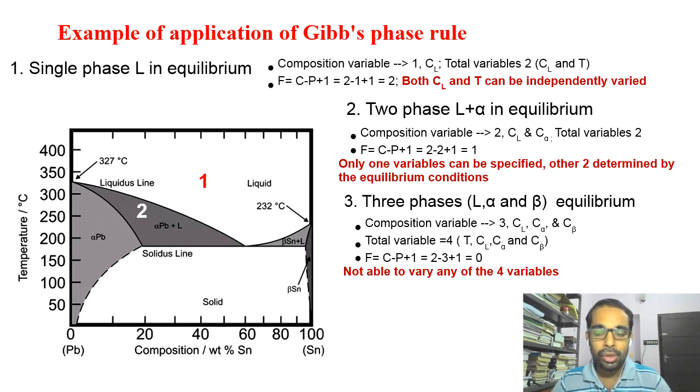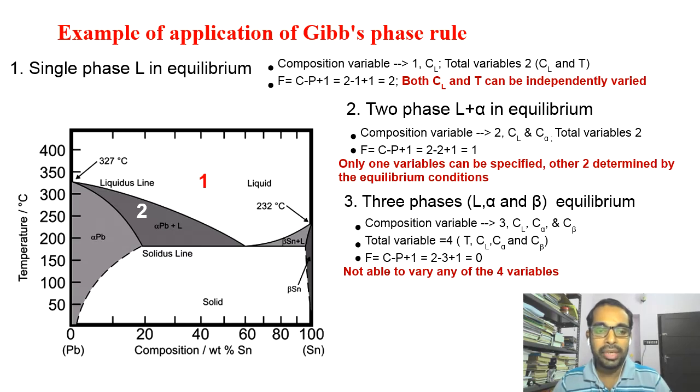Although the number of variables has increased, the degrees of freedom has decreased to 1. Out of 3 variables, the composition of liquid, the composition of alpha and the temperature, only one can be specified and the other two will be determined by the equilibrium conditions.